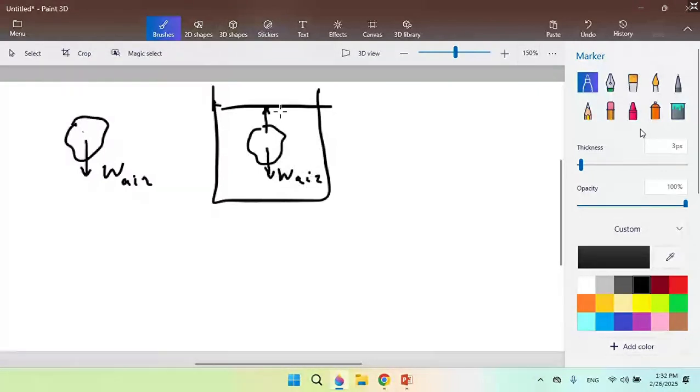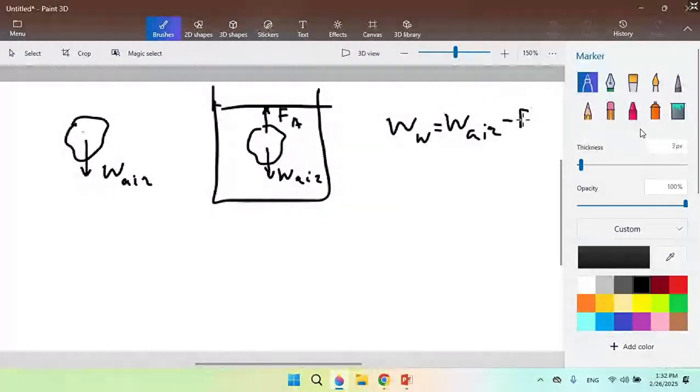and it will also experience, when submerged, Archimedes force, which means that its weight in water would be less. Why? Because the weight in water would be weight in air minus Archimedes force.